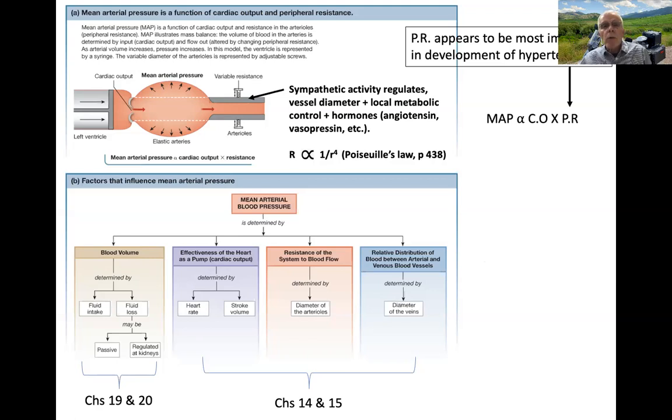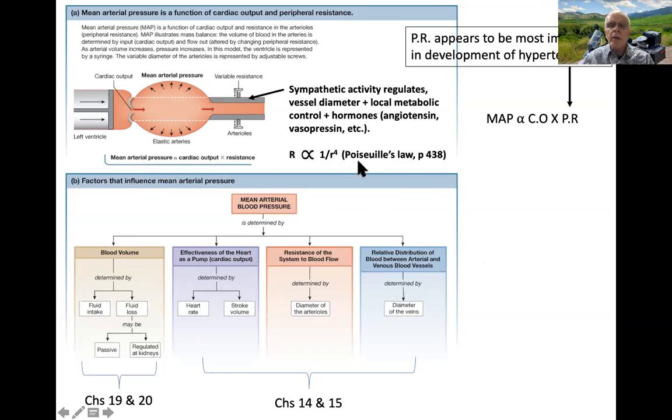But what regulates it? Well, in a cartoon here, we can envision the heart ejecting blood into the arterial system. So the amount of blood that would be ejected and the rate, obviously we can envision that affecting the arterial pressure. Downstream, the level of resistance is also going to affect this mean arterial pressure.